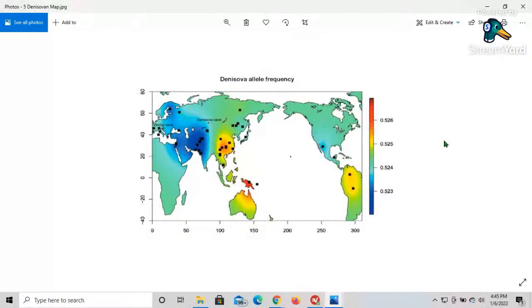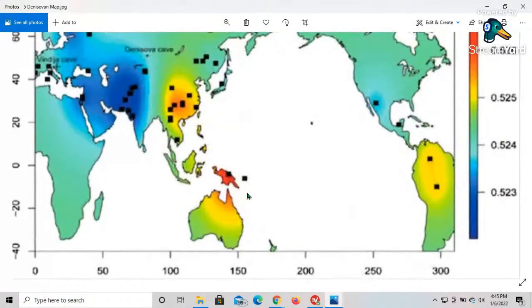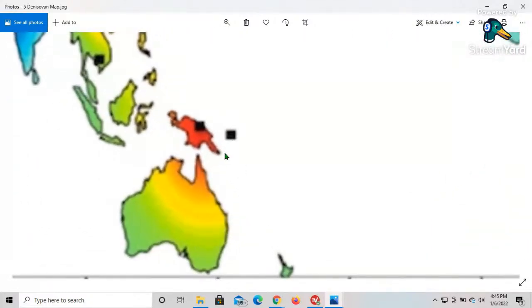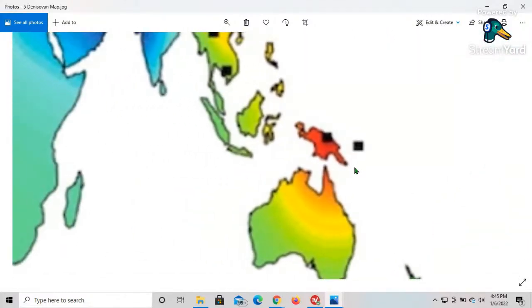Okay, so here, this is to illustrate where the people that have the most Denisovan DNA are. Of course, as I was saying, is Papua New Guinea.